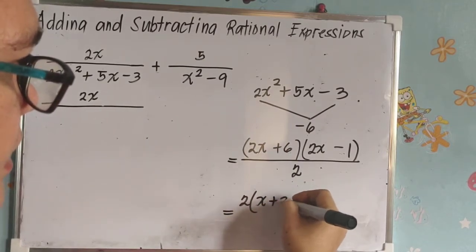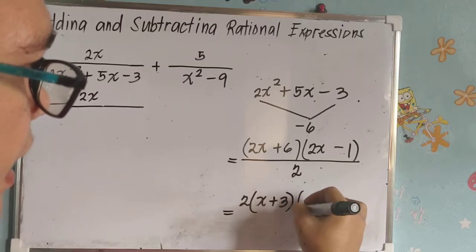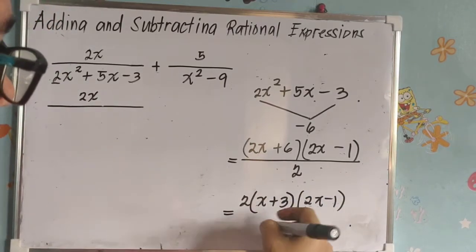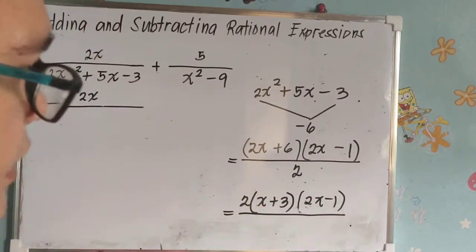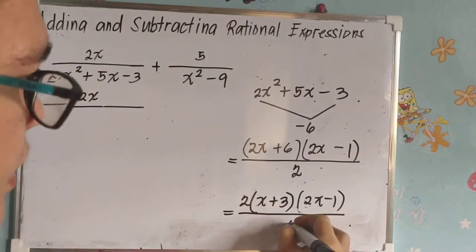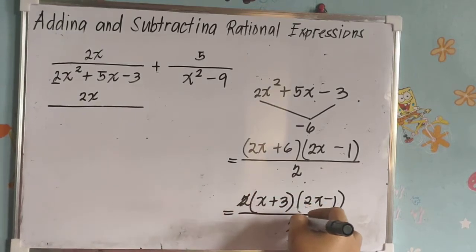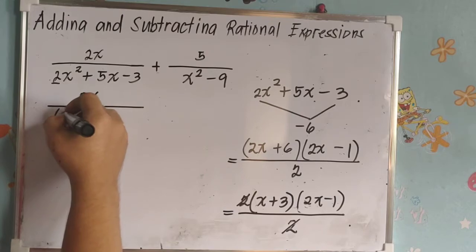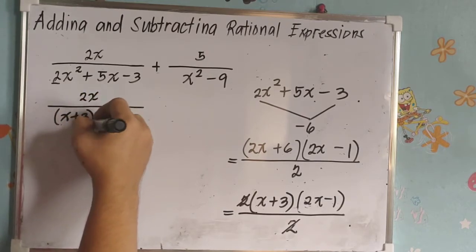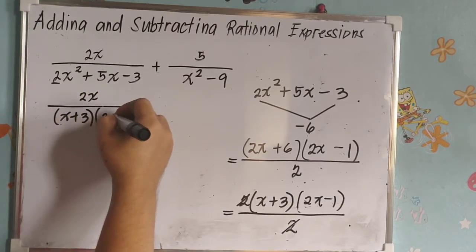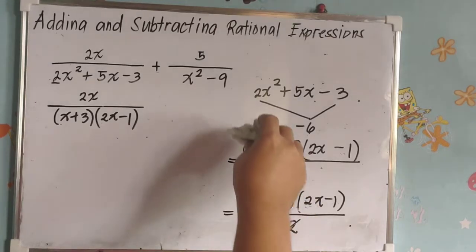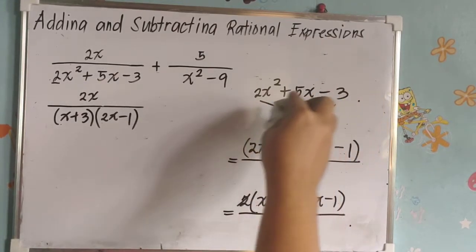So x plus 3 and 2x minus 1 is no longer factorable, all over 2. Cancel this out. So we have here the quantity x plus 3 times the quantity 2x minus 1. That's it. Okay.